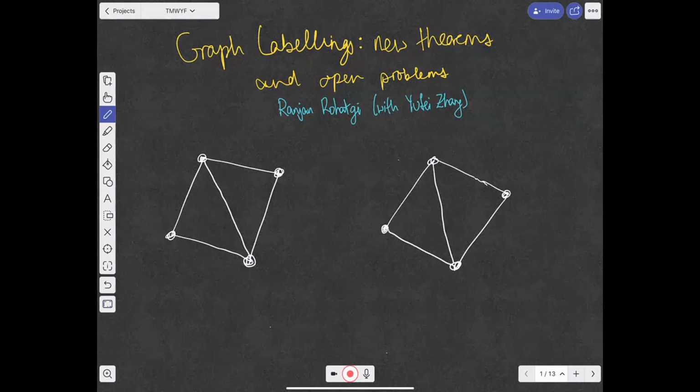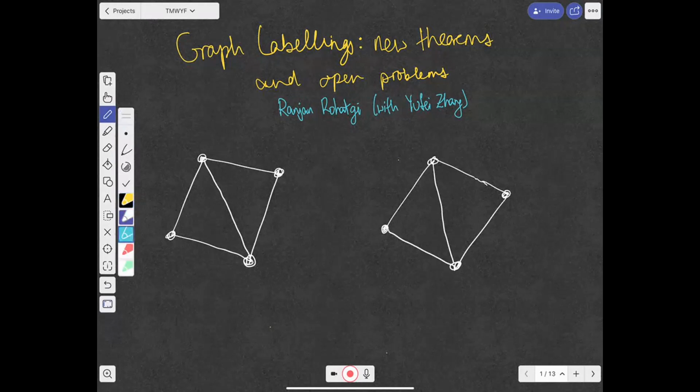So I want to start at the very beginning, going back all the way to chromatic numbers. I've drawn a graph down here. It's got 4 vertices and 5 edges. We can call this graph G. We want to label the vertices so that no vertex is adjacent to a vertex of the same color.